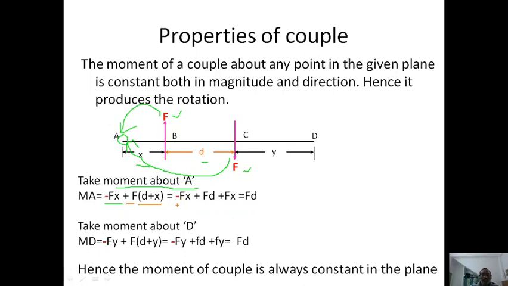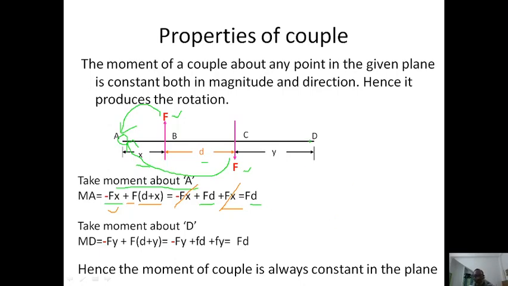When we expand, we get minus Fx plus Fd plus Fx. So these two terms get cancelled, minus Fx and plus Fx both will be cancelled. The only term you will obtain is plus Fd. Therefore the final moment at point A is also Fd, right? That is nothing but the magnitude of the couple, Fd.